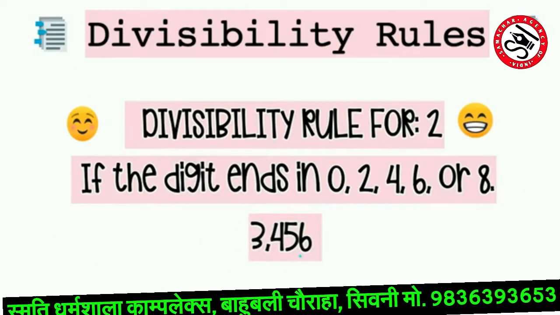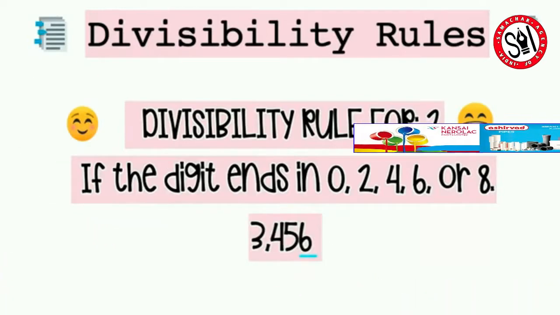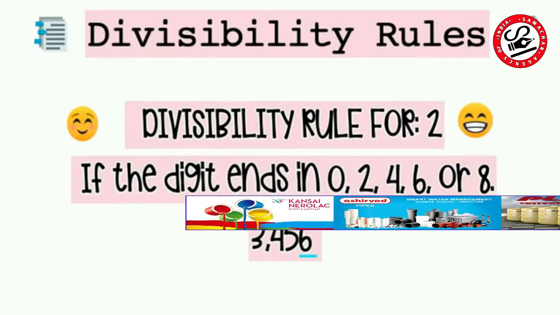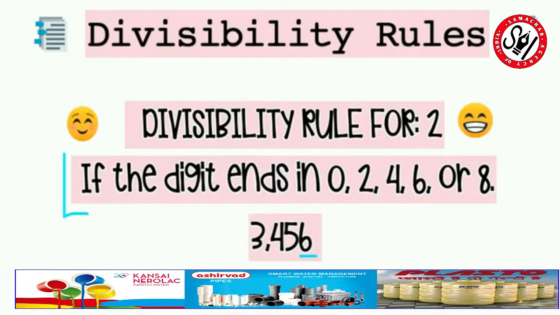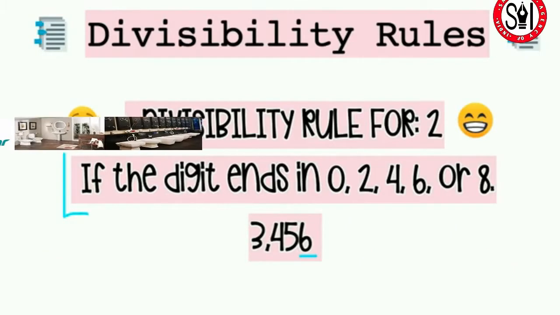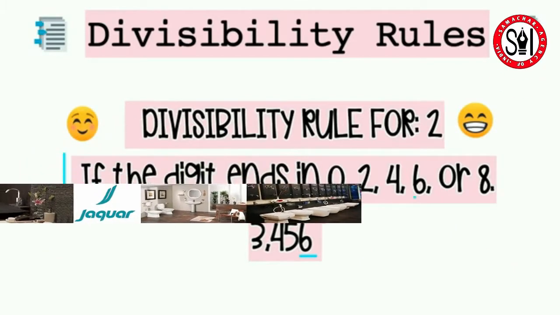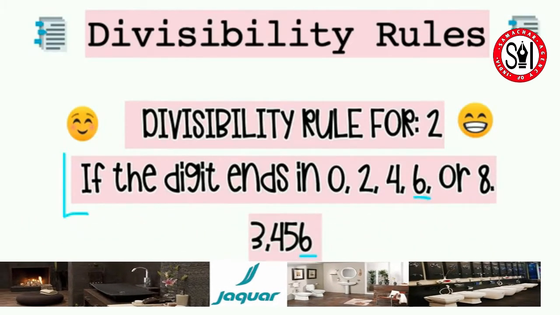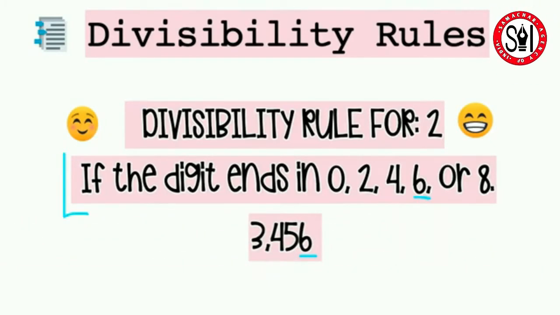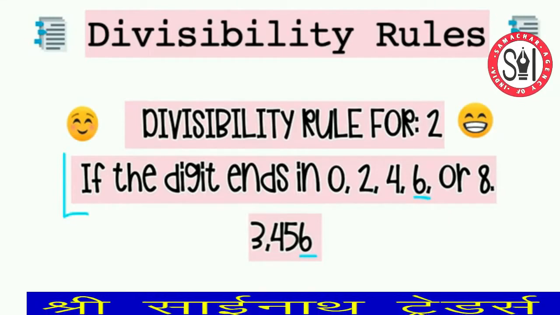The last digit ends in a 6, and it says over here that if the digit ends in a 0, 2, 4, 6, or 8, it is divisible by 2. So 3,456 is divisible by 2.